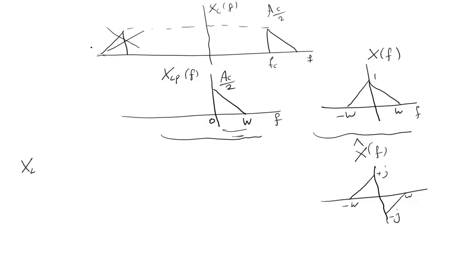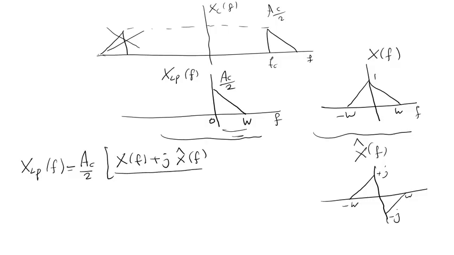X low pass(f) equals A_c over 2 times (X(f) plus j X hat(f)) over 2. And now I can take the inverse Fourier transform.